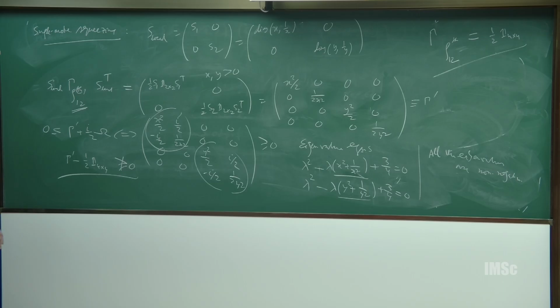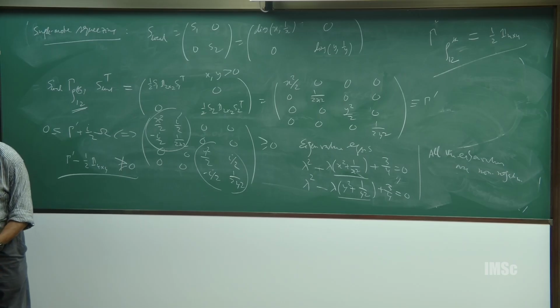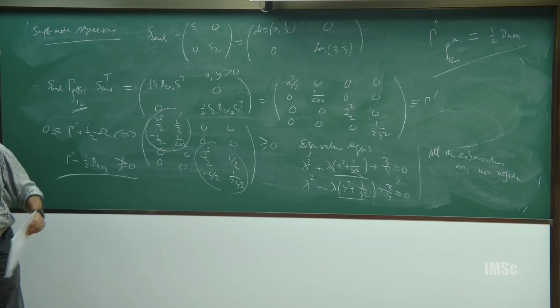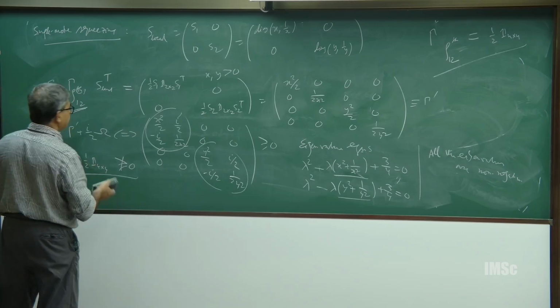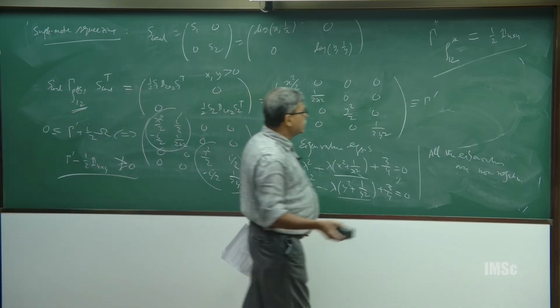Okay. Right. Okay, good. So, I will not go through the other work, which is by Duan, Giedke, Cirac and Zoller. I will just mention their result. I think you can take a look at it. So, let me erase this part.